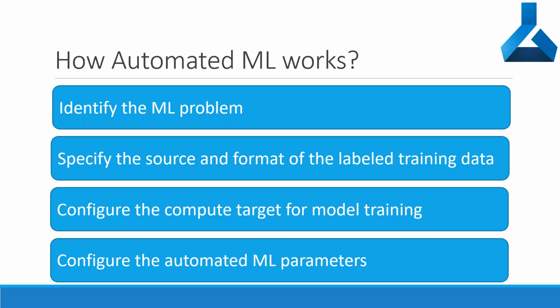So: identify the problem, specify the source data, configure the compute target so that the model can run, and finally configure the ML parameters. Once these are all provided, you are good to go in terms of creating your machine learning models.